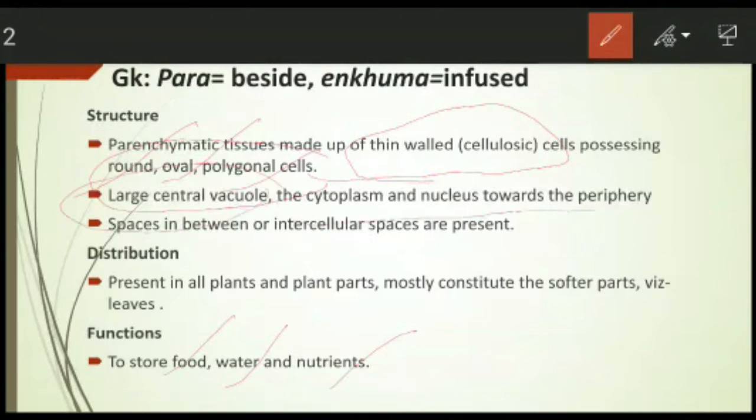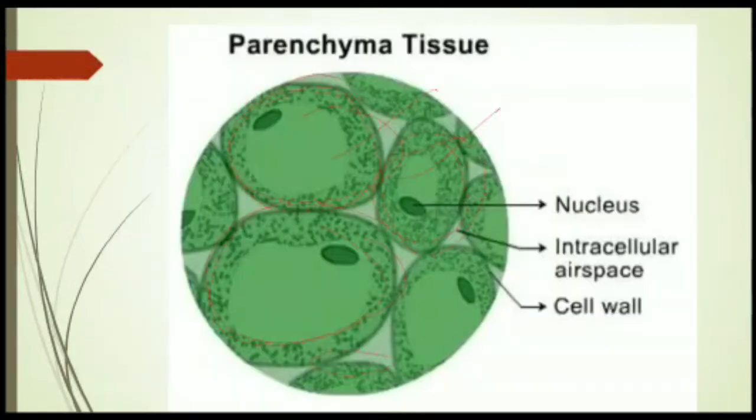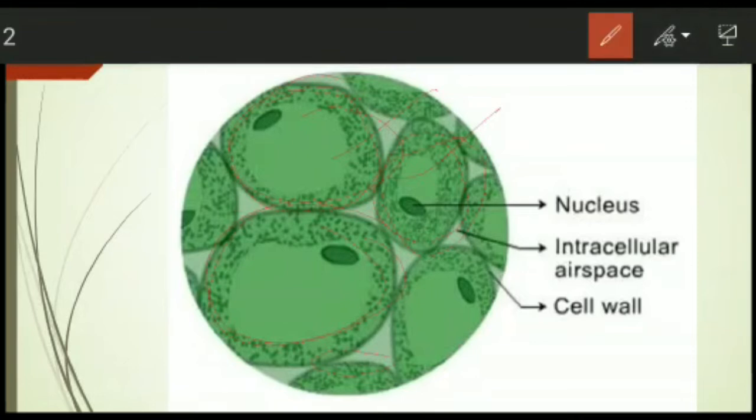The cytoplasm and the nucleus are towards the periphery. How is it so? You may see this in between the vacant space. This is the vacuole, the large central vacuole. And towards the periphery, near the cell wall, you may see that the cell cytoplasm is present, and you may see that the nucleus is also there.